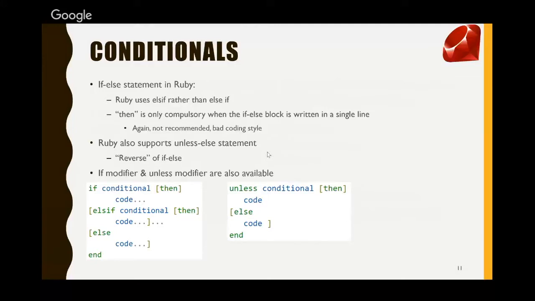I also mentioned that there is something different for the if else in Ruby. In PHP or in most other languages, you can just write if, else if, else. In Ruby, you can pronounce it like "else if", but please note that the spelling is different.